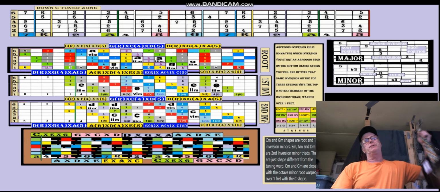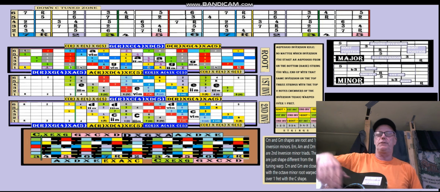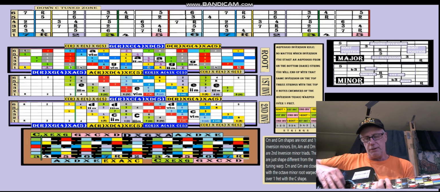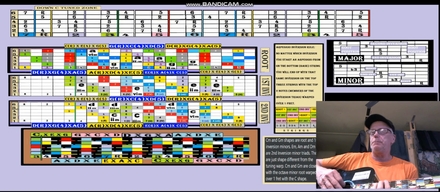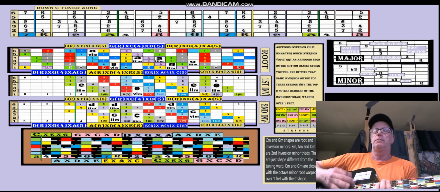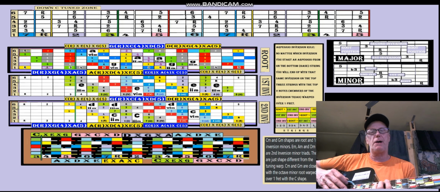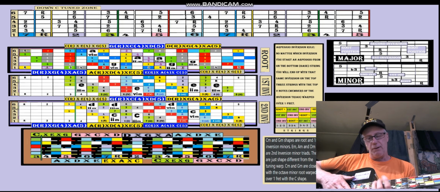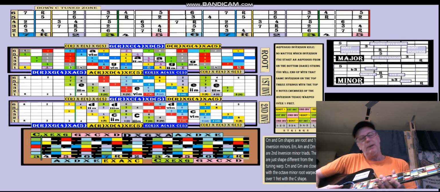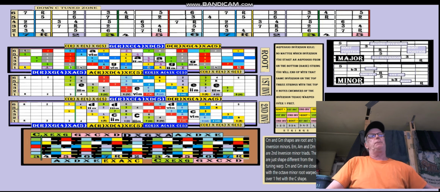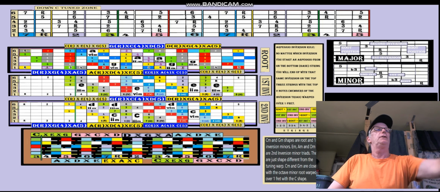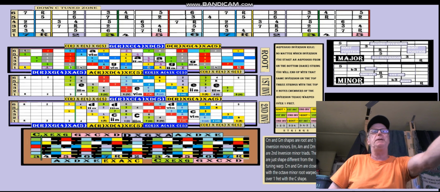If you do a B half diminished, just start with a B minor, and you want to do a half diminished, you just drop the fifth one half step, right? That's pretty cool. So I found that out pretty much on the guitar, where it's like a B minor.